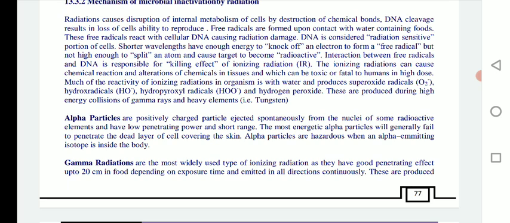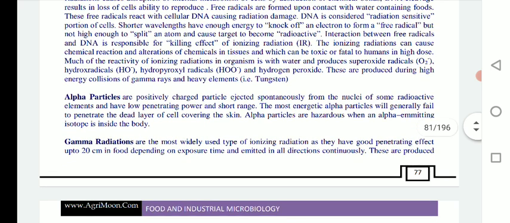So ionizing radiations can cause chemical reactions and alteration of chemicals in tissues, which can be toxic or fatal to humans in high doses. Much of the reactivity of ionizing radiation with an organism is with water, and it produces superoxide radicals.